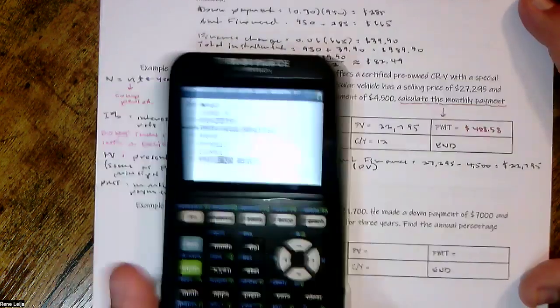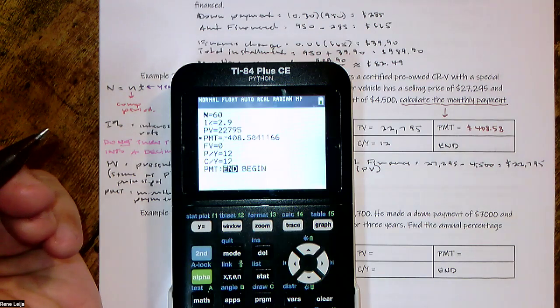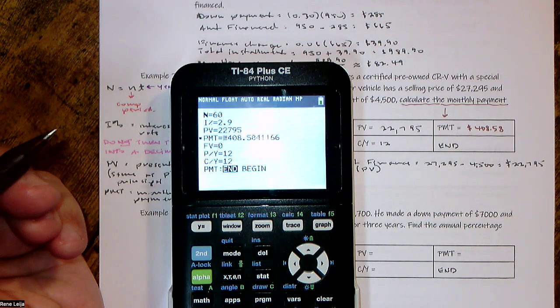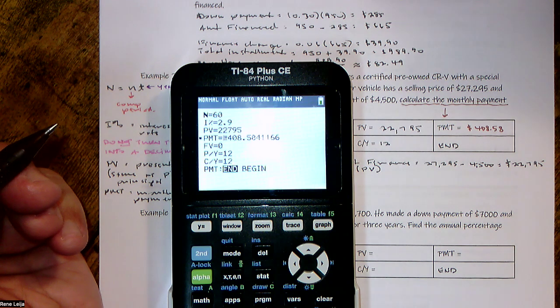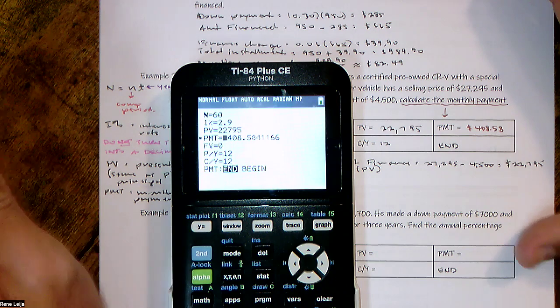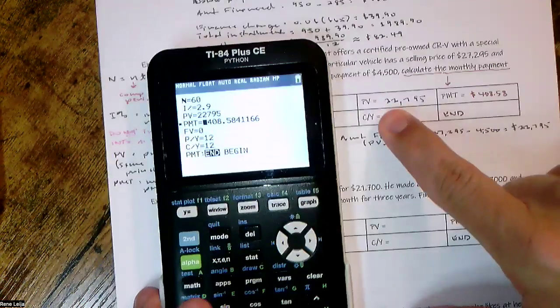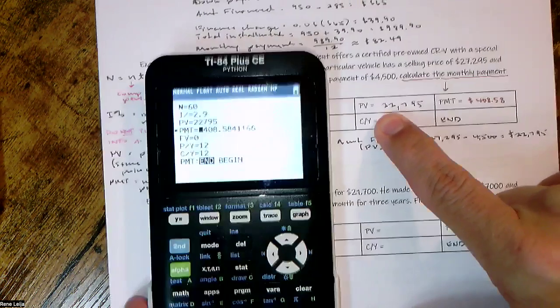What you have to understand here, the reason why this is negative is because this amount is being taken out of your bank account or you're having to pay that amount. So you're having to take it out of whatever money source that you have. So it's going out because you owe it. That's why it's negative.